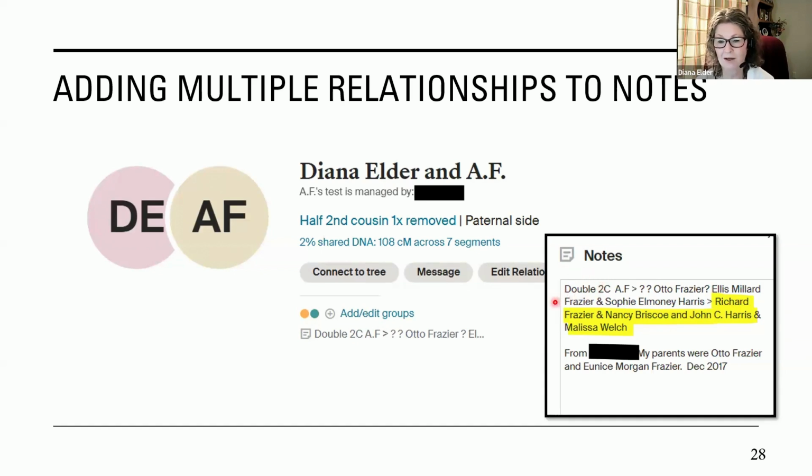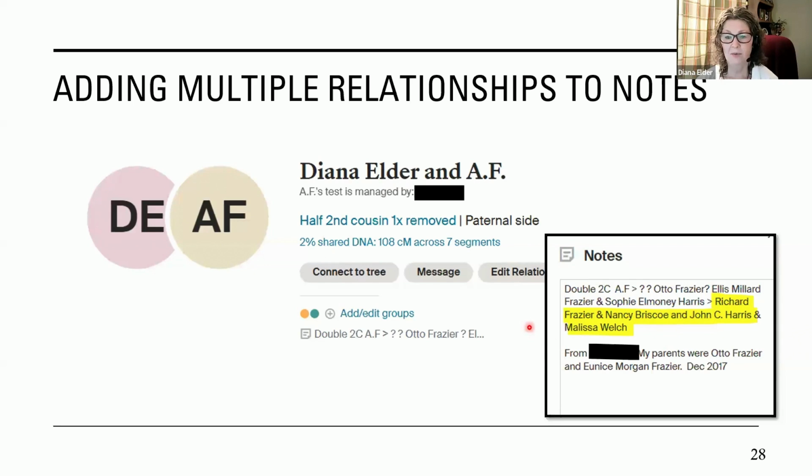Now, if it was a case of pedigree collapse, you could do the same thing. You could just write pedigree collapse, we share this set of grandparents, and whatever you want to write in there. I think you'd have plenty of room in your notes to write that out. And as far as Airtable, you certainly could add a field. You can write as much as you want in the results fields of Airtable and put that information in.